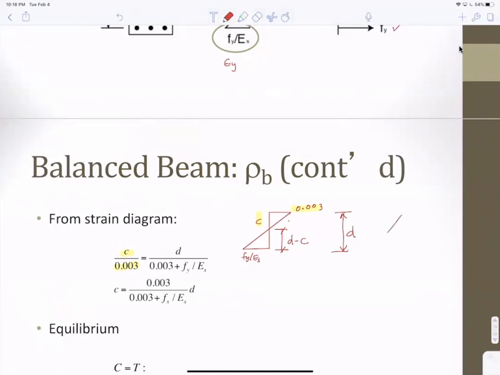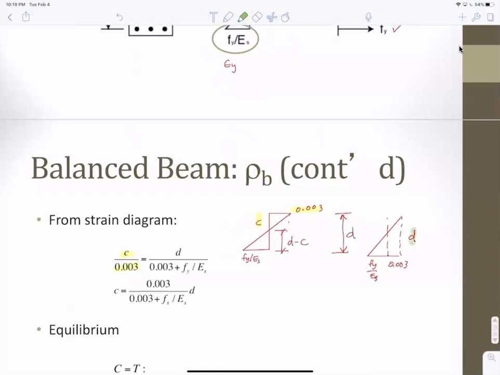Let me redraw it. We'll do this triangle here, this big outside triangle. That's d. And the total distance here is Fy over Es plus 0.003. So what we're going to do is say c is to 0.003 as d is to Fy over Es plus 0.003.